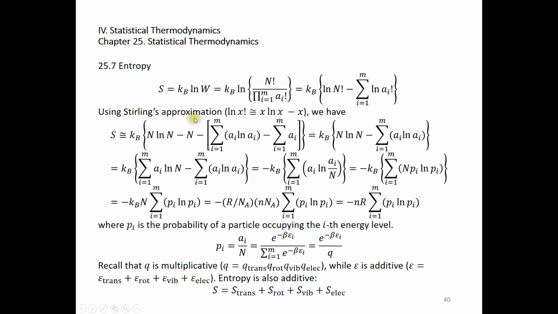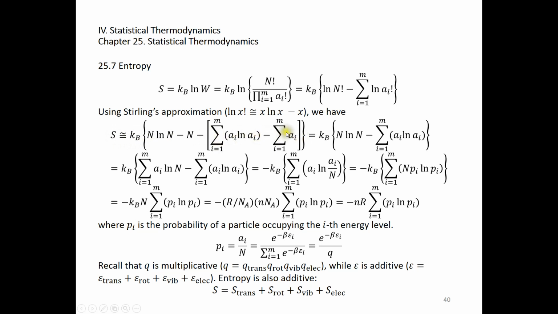Now let's use Stirling's approximation, which is ln x factorial is approximately x times ln x minus x. Now we replace this ln n factorial with n times ln n minus n. We replace every single ln a_i factorial with a_i ln a_i minus a_i. So we have the expression of entropy expressed this way.